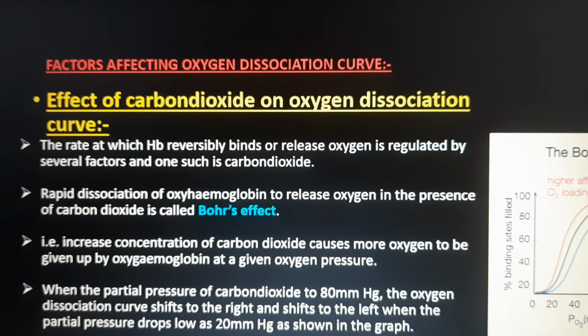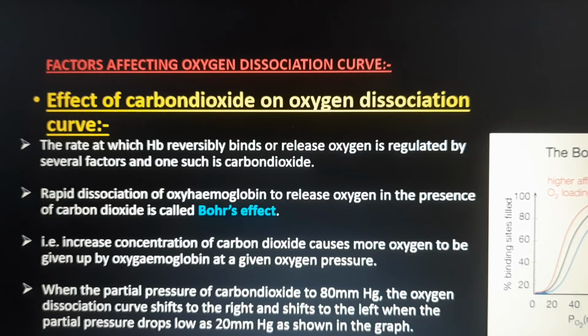The effect of carbon dioxide on oxygen dissociation curve. The rate at which the hemoglobin reversibly binds or releases oxygen is regulated by several factors, and one such factor is carbon dioxide.